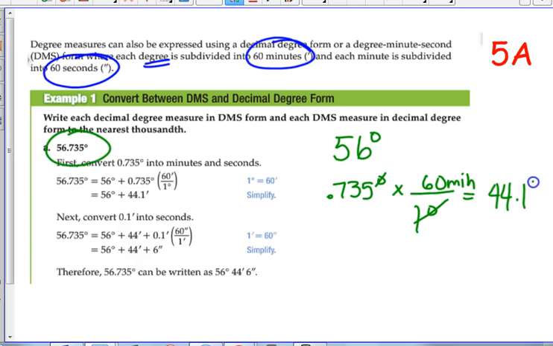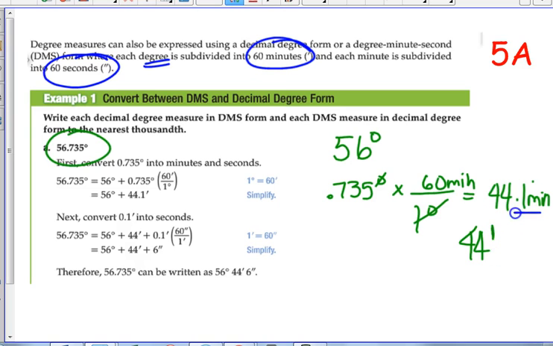That's 44.1 minutes, which is written like this, 44 minutes. Degrees, minutes, and seconds is like hours, minutes, and seconds, only we use the little labels for feet and inches because that makes it so much clearer.